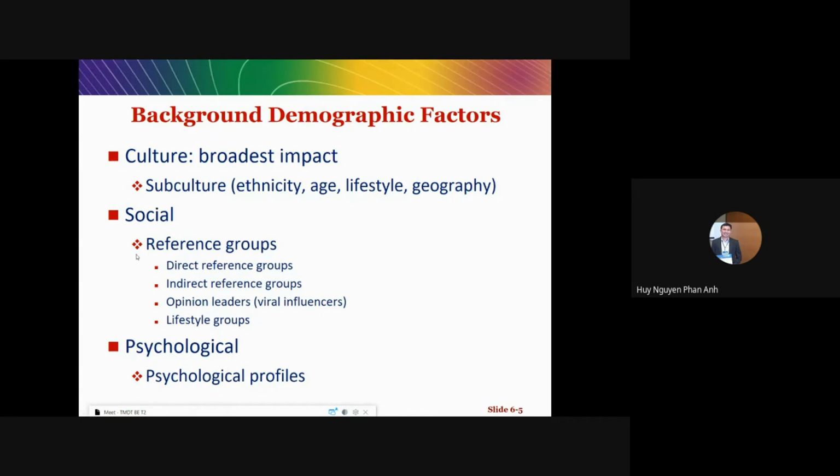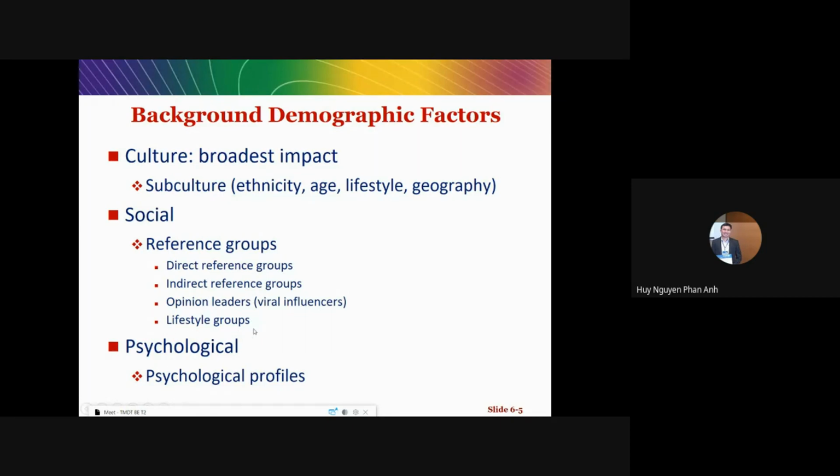We have direct reference groups or indirect reference groups, such as the KOL, famous persons, and opinion leaders, the viral influencers, especially on social networks such as Shopee or TikTok or Facebook, etc. Or some lifestyle groups.